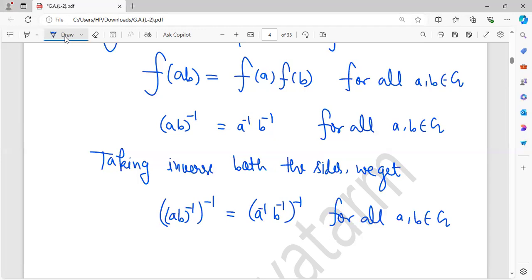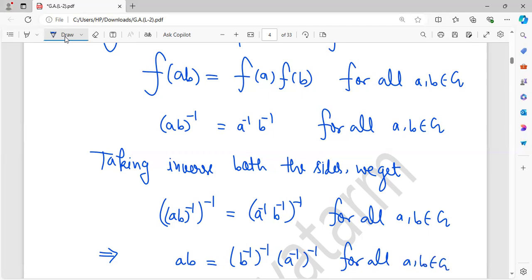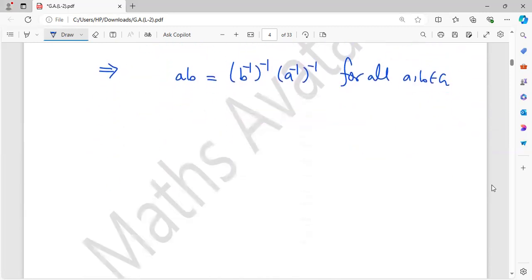So this will be again AB. Now the inverse of A inverse B inverse, the order changes. It will be B inverse inverse, A inverse inverse, for all A, B belongs to G. Okay. So this is equal to AB.